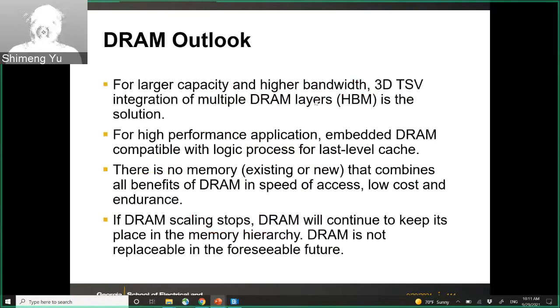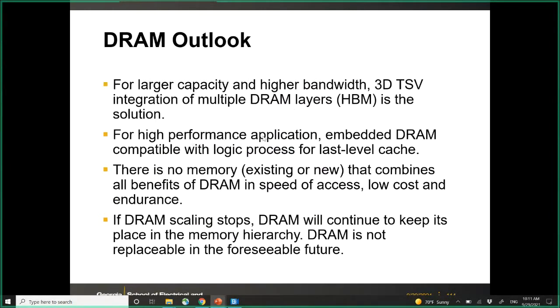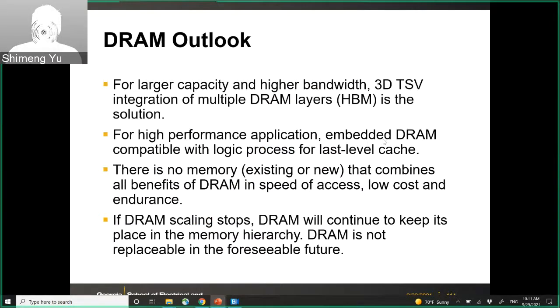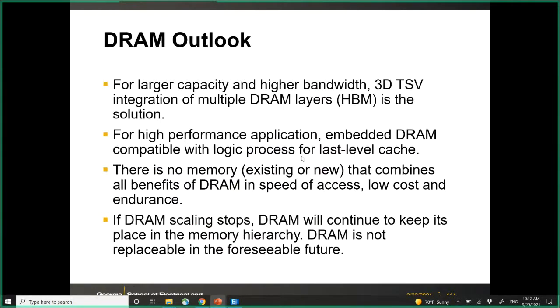So here is the final summary. For the DRAM, we know that for larger capacity and higher bandwidth, we must do this HBM by 3D TSV. And also for high performance applications, the embedded DRAM compatible with the logic process is a very promising direction to pursue.